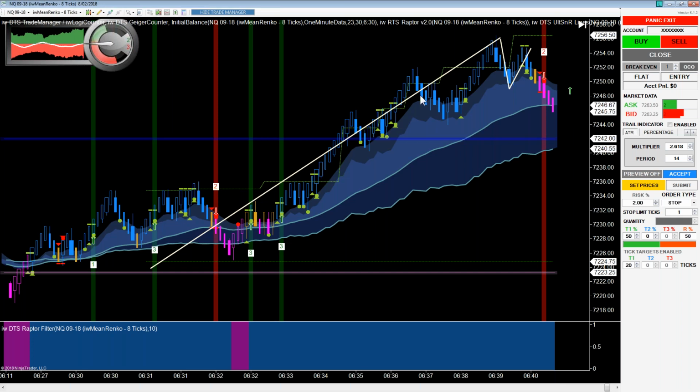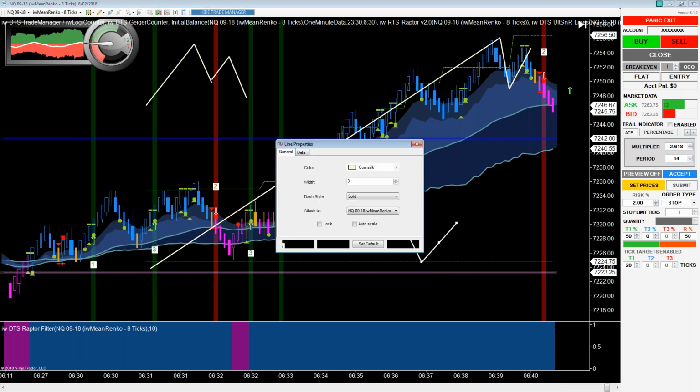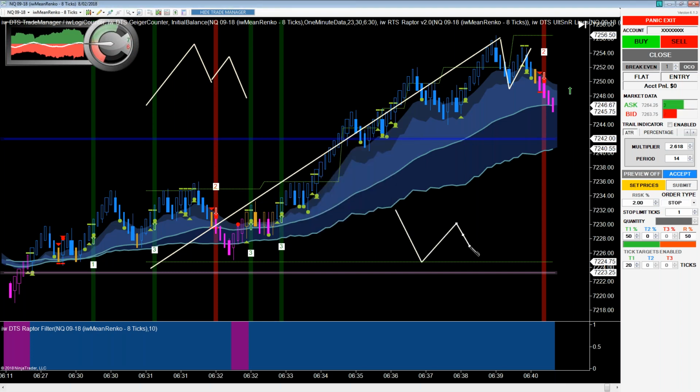In this case, the extreme is the high. A test of the extreme is simply the market showing you that it can no longer continue in the direction it has been going. In the case of an uptrend, it looks like that. In a downtrend, it looks like this.